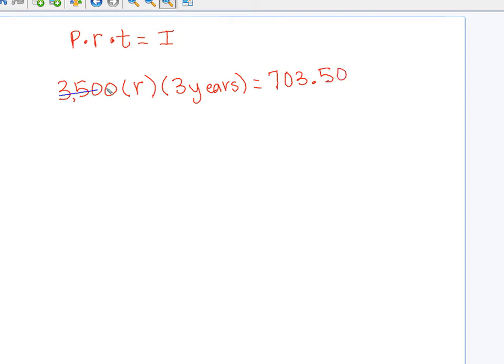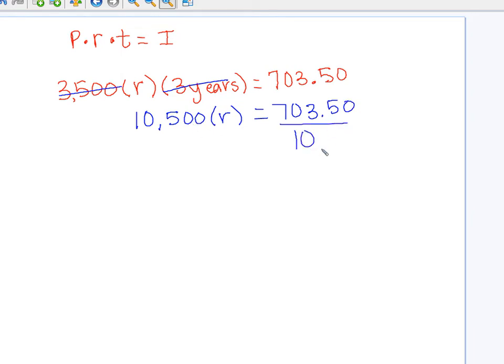Do what you can. 3,500 times 3 gives me 10,500 times the rate, which I don't know, equals $703.50. I multiply on the left, so I'm going to divide to get my percentage. Whatever it is, then you have to times it by 100 to make it into a percent. Okay, let's try this one.